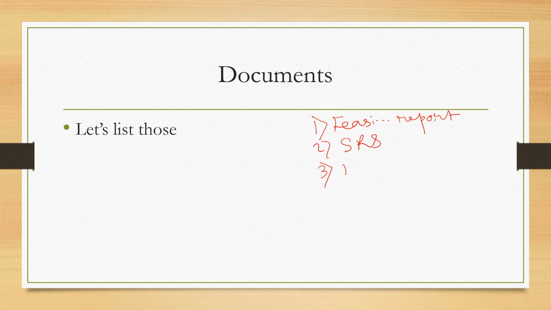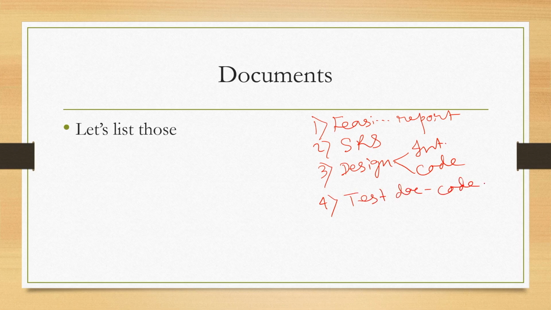Then we need design documents both for interface and interaction as well as code. Then we have the testing document for code. We also need a usability study report. Broadly, these five are required before we go for deployment.